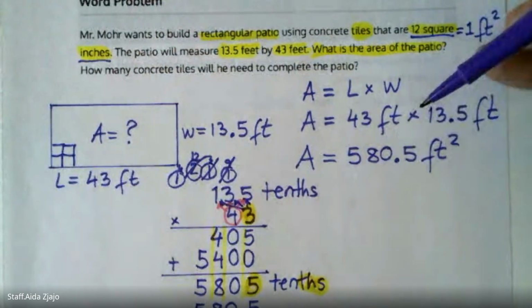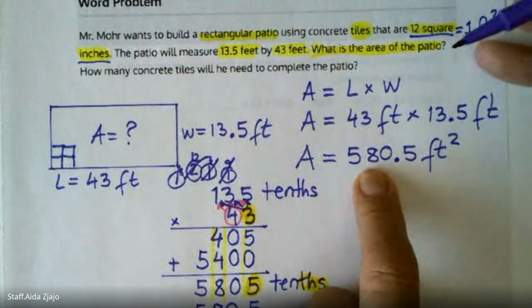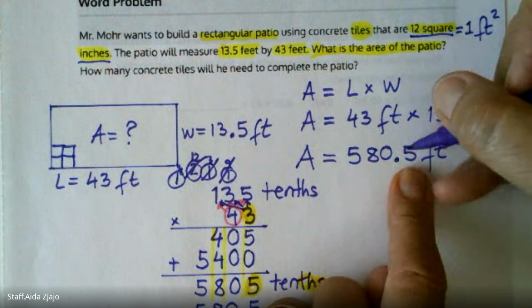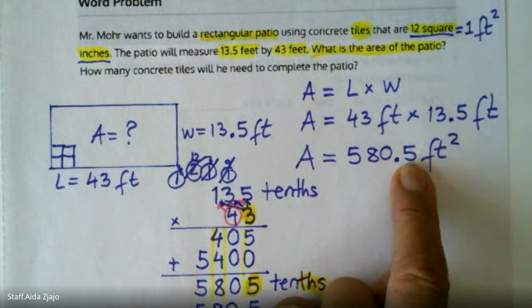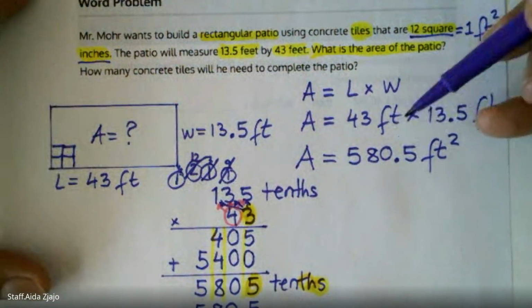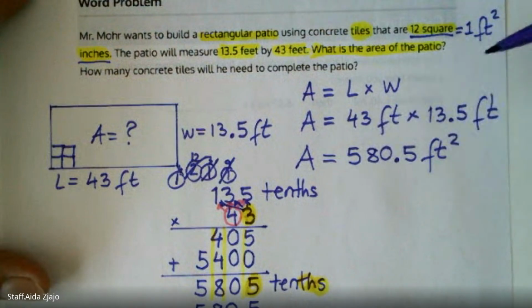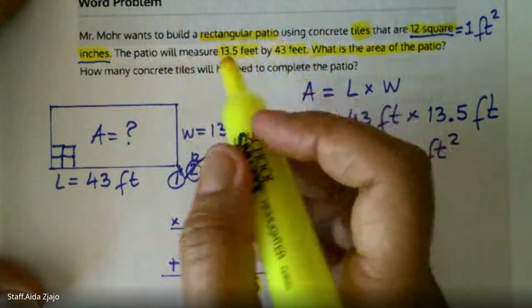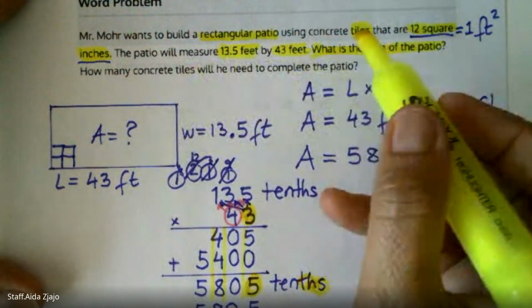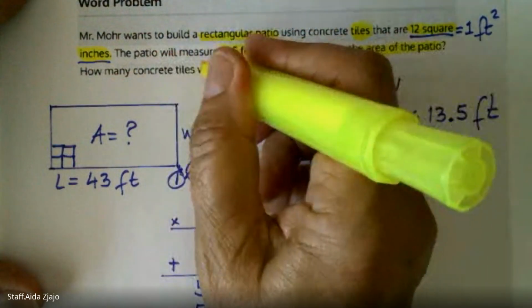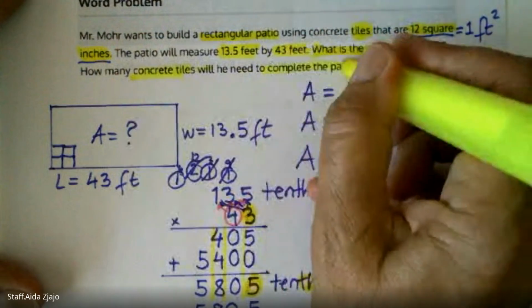So in here, you should have 580 whole tiles, and then he will need half a tile. He cannot buy half a tile, so he needs approximately 581 tiles for his patio. That's the logic. How many concrete tiles will he need to complete the patio?